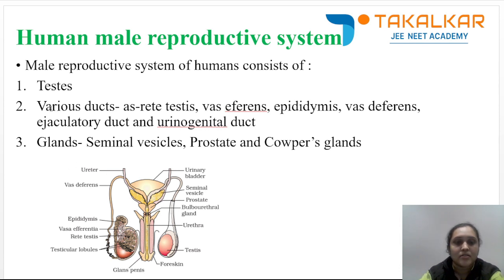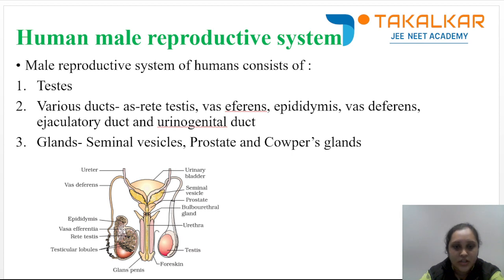Along with it, there are some accessory glands which are also involved. First, the seminal vesicle, which is a pair. There is only one prostate gland, and there is the bulbourethral gland, a pair of bulbourethral glands, which is also called Cowper's gland. So, in short, there is a pair of testes.